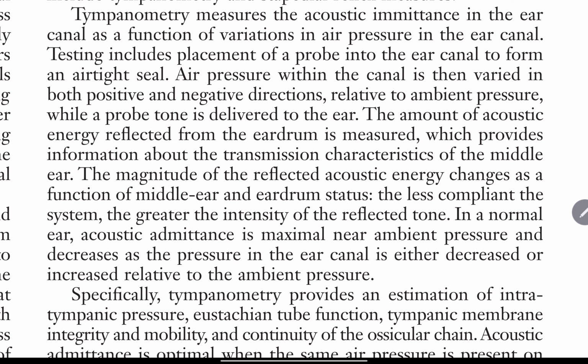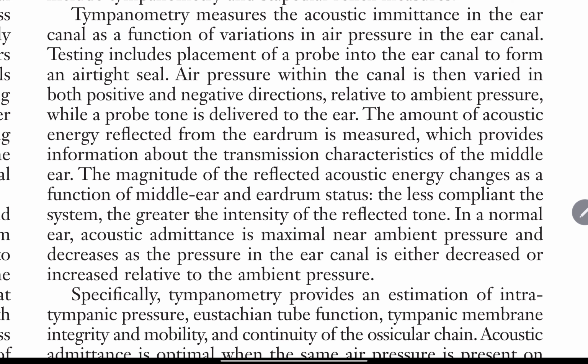The less compliant the system, the greater the intensity of reflected tone. In a normal ear, acoustic admittance is maximal near ambient pressure and decreases as the pressure in the ear canal is either decreased or increased relative to the ambient pressure.